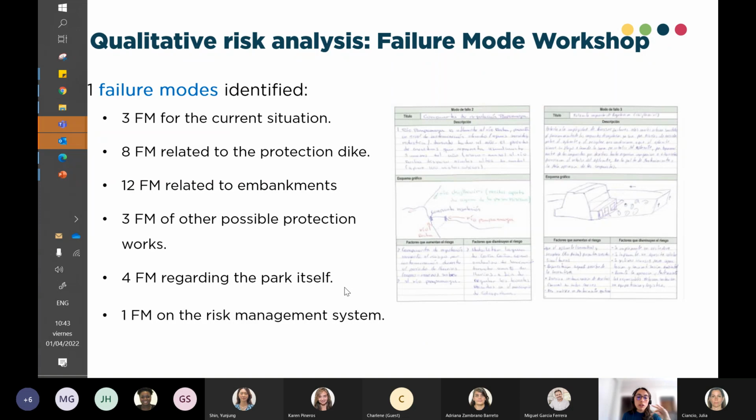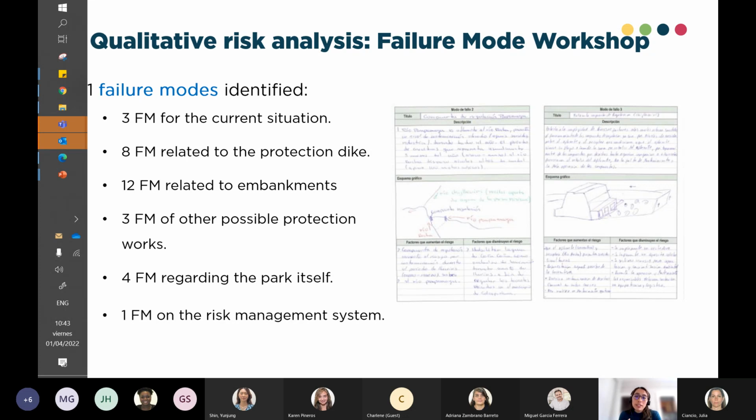So not all failure modes are about how the infrastructure is going to break, how the bridge or the wall or a building is going to collapse. But you can also include failure modes that include the operational aspects, the maintenance, for example. If we do not consider maintenance plans in this infrastructure, then they can also fail.